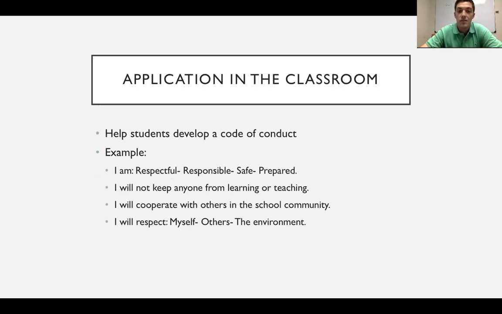You need to help students develop a code of conduct. An example would be: I'm a respectful, responsible, self-prepared student. I will not keep anyone from learning or teaching. You really need to get students to abide by these codes of conduct. And so these are just some examples that we had here.